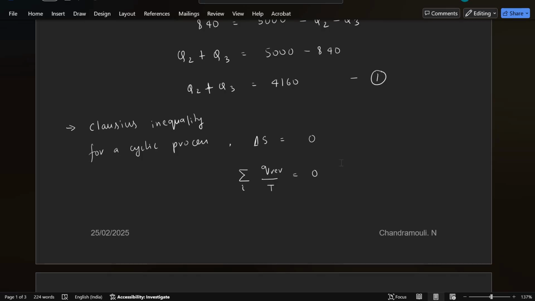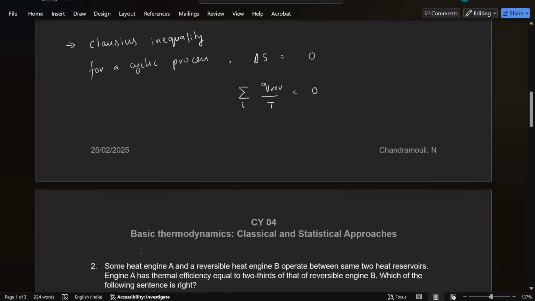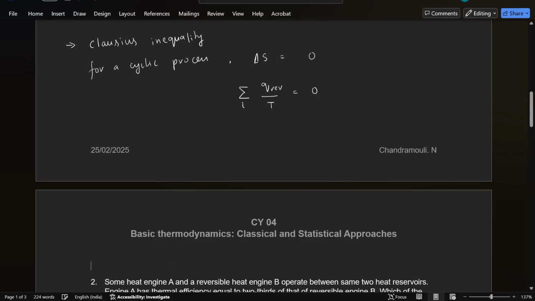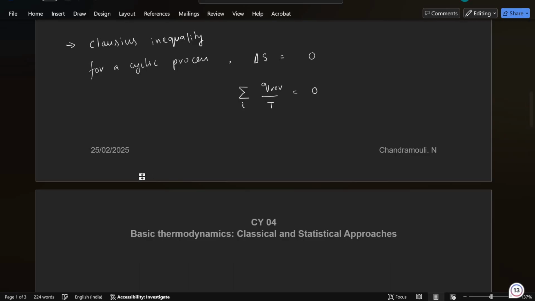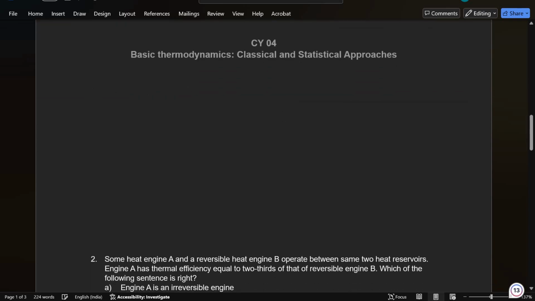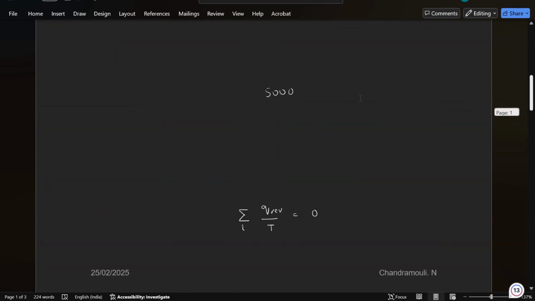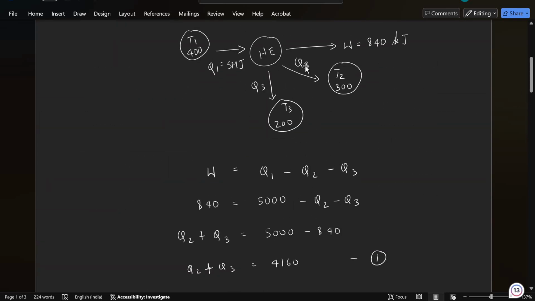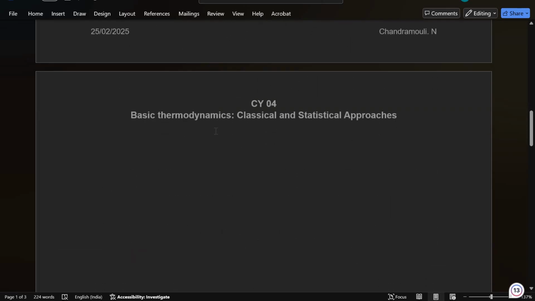Yes, sir. So we'll use this formula to get another equation. So now what do we need? We have Q, the heat of the system, and we need temperature. We have Q2, Q3 and all, and then we have the temperature as well, right? Yes, sir.